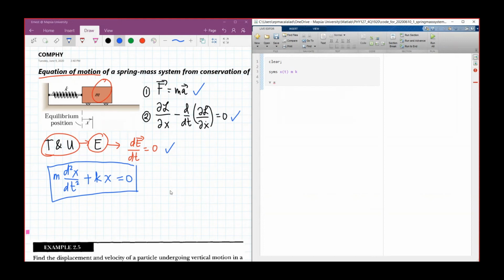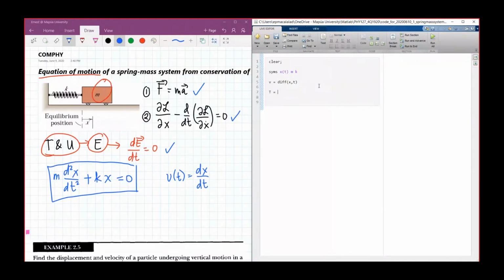Remember that the velocity function is the derivative of x with respect to time. So we define the derivative of your position. I will not put a semicolon here so that we can see the output in the cell.